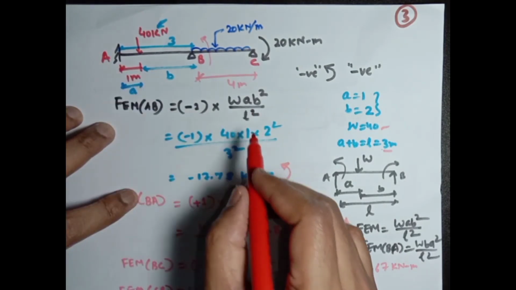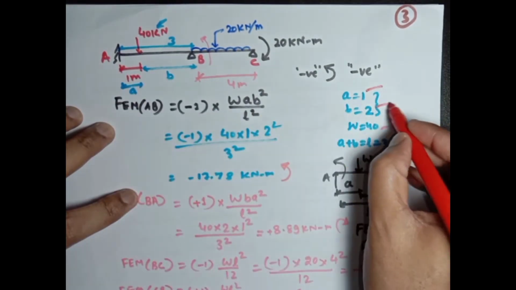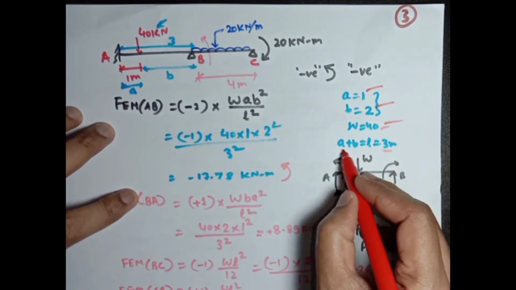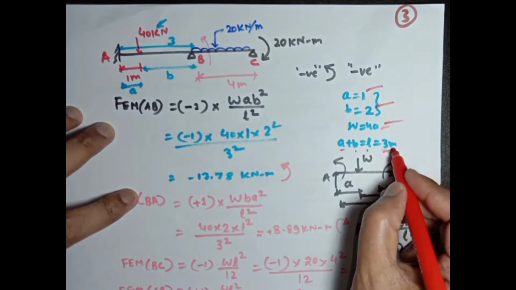Here A equal to 1, B equal to 2, W equal to 40, and A plus B equal to the total length, which is 3 meter.